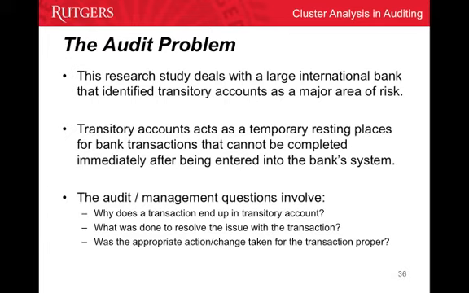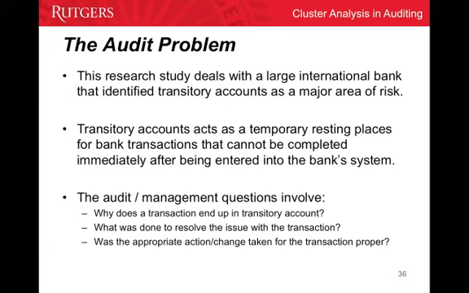The problems involving the transitory accounts may include a non-existent destination account for money transfer, a transaction amount higher than the balance of the account, an inactive account, etc. Once the problem is resolved, the transaction is cleared, then the remaining balance should be equal to zero.